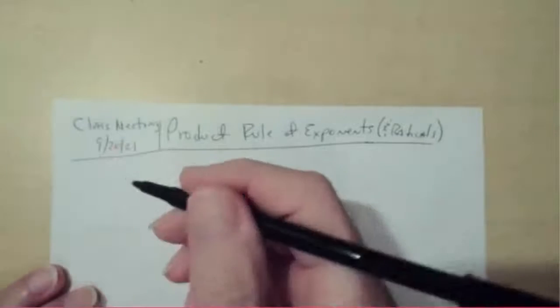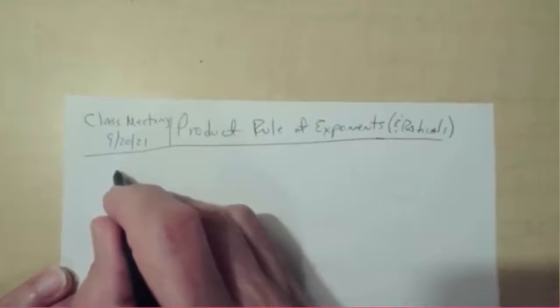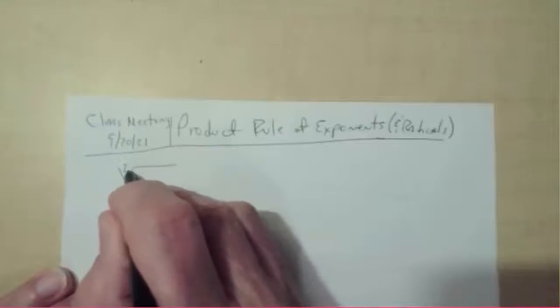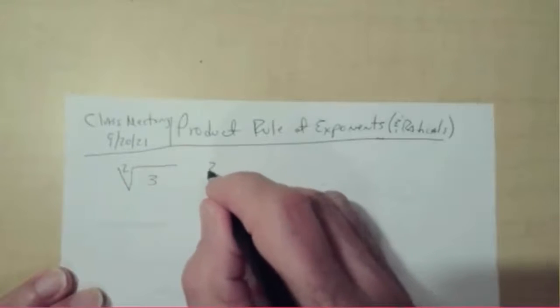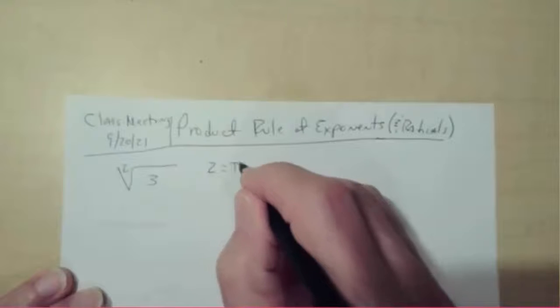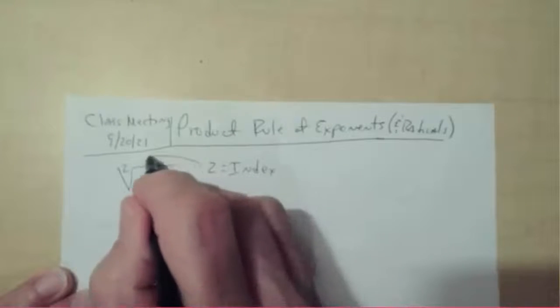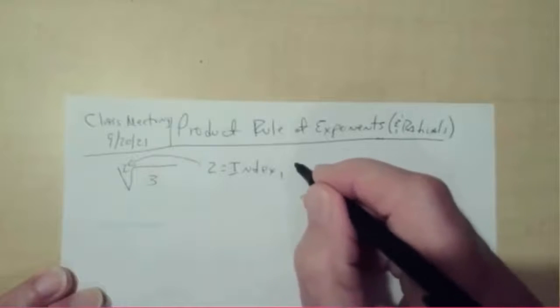First of all, let's talk about some vocabulary. The 2 is called the index. The 3 is the radicand.